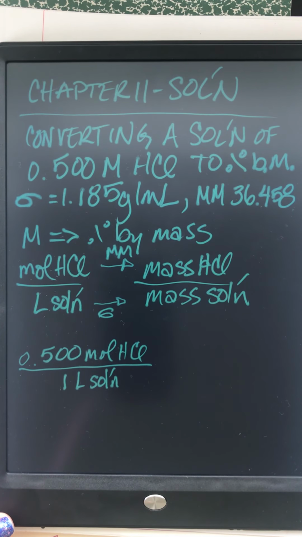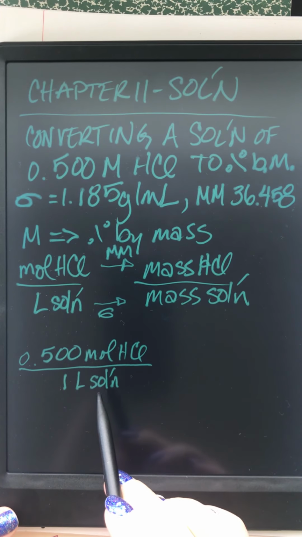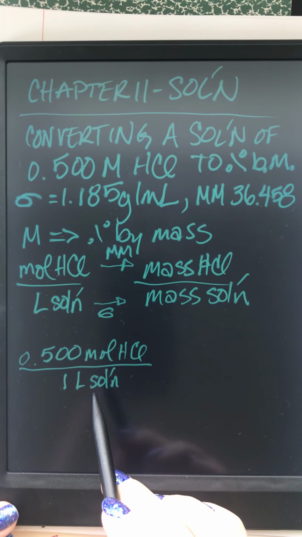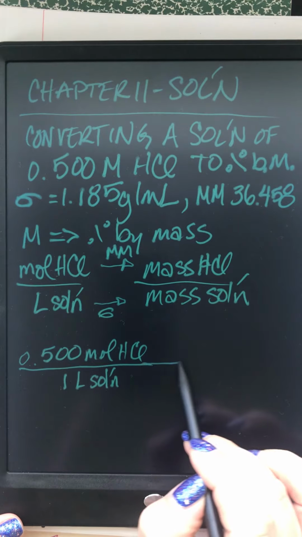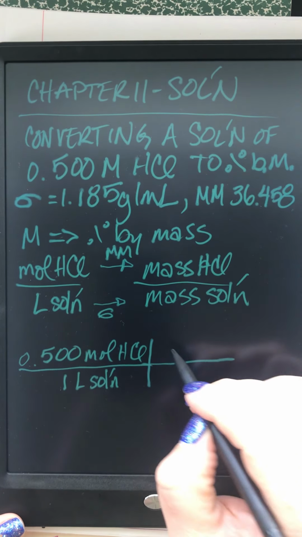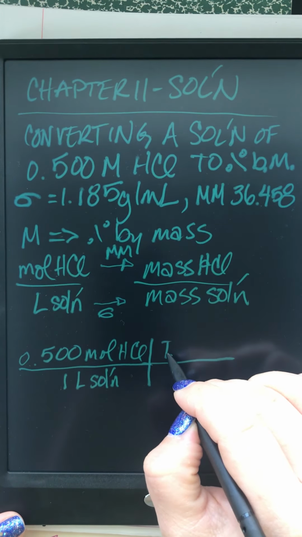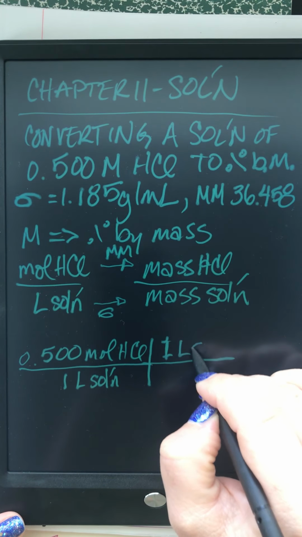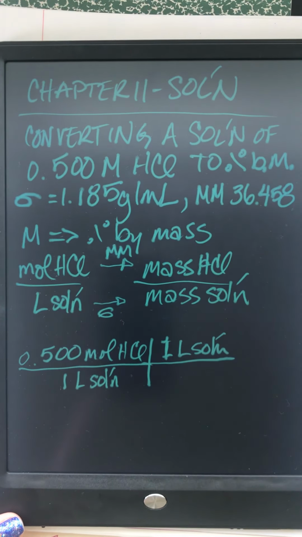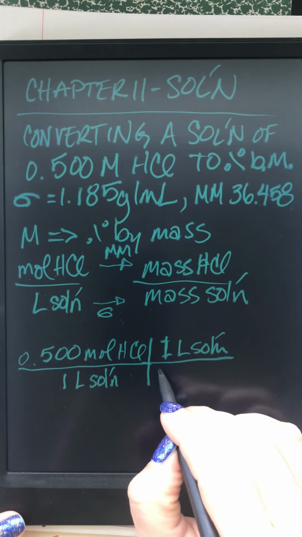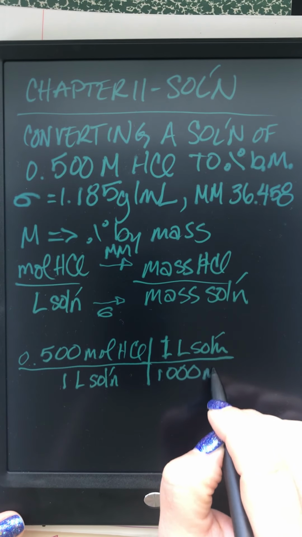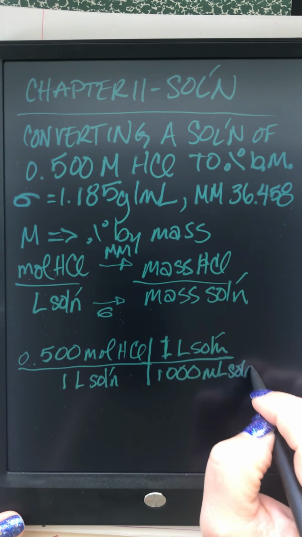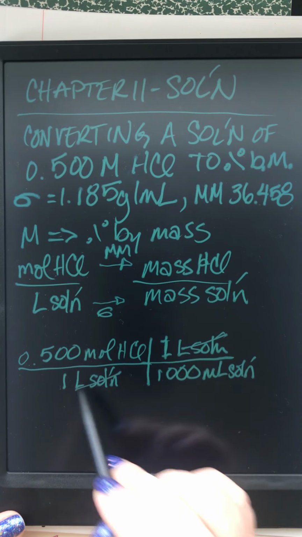So the density has units of milliliters, right? Yeah. So you gotta convert it to liters. So I need to convert liters to milliliters. Is everybody comfortable with that? Yeah. So for every 1 liter of solution, how many milliliters do I have? 1,000. Yep, yep.